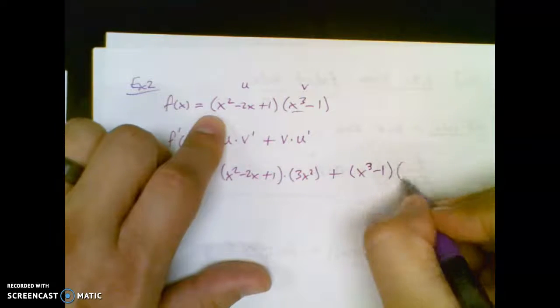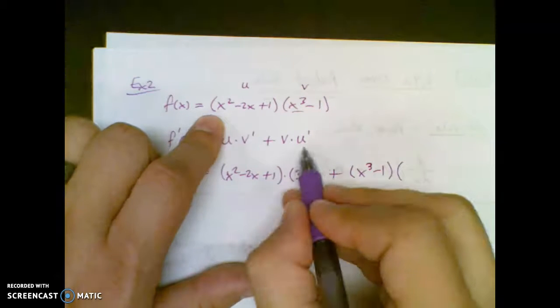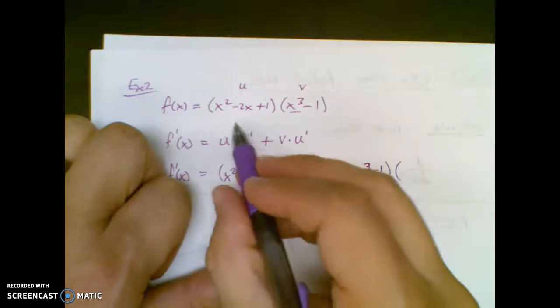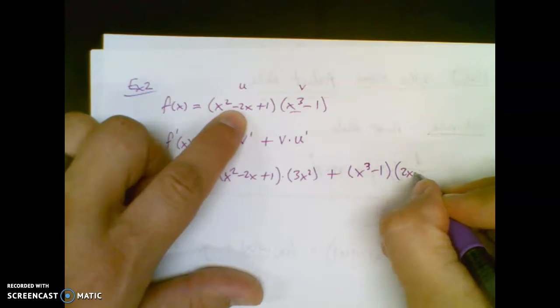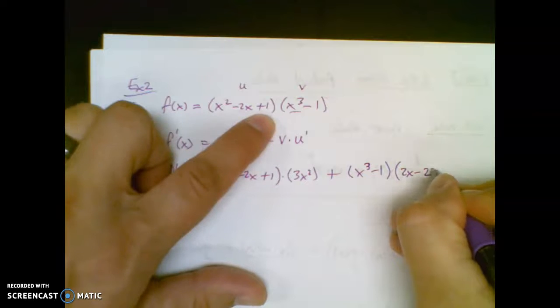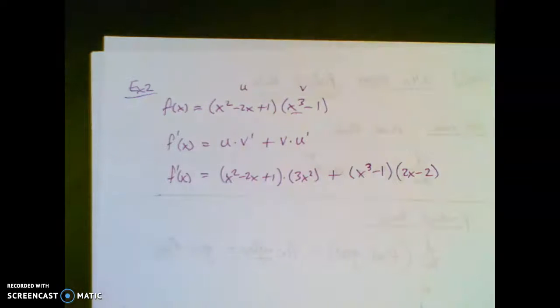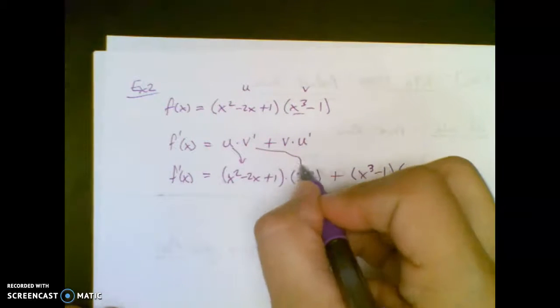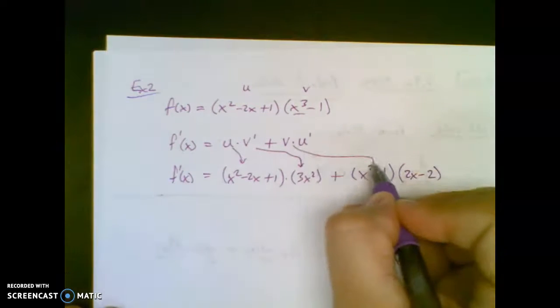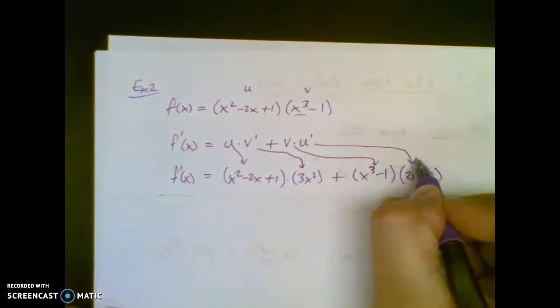And then I take the derivative of u, because u prime, and that's going to be 2x minus 2. And the 1 goes to nothing. Okay, so technically this is the derivative, because that's u, that's v prime, that's v, and that's u prime.